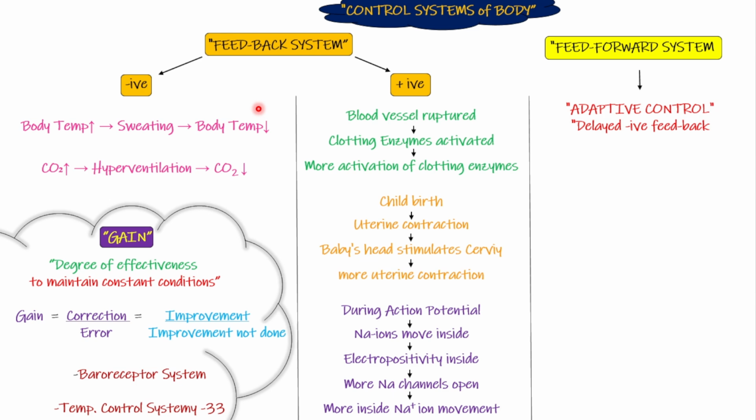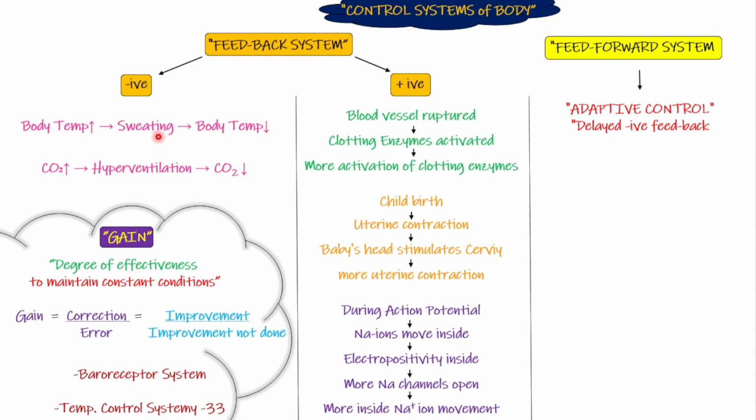For instance, if the thermoregulatory system behaves in a way that the person starts sweating before the rise in body temperature, then that would be an example of a feed-forward system.